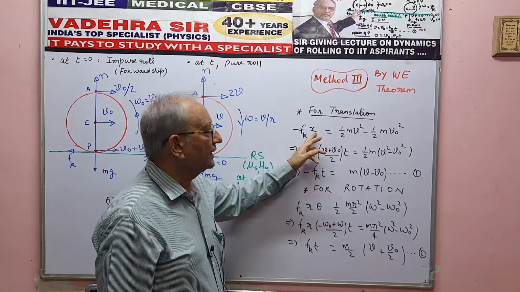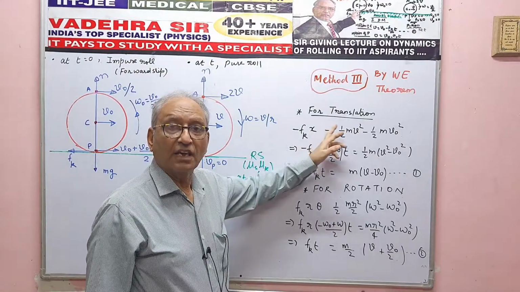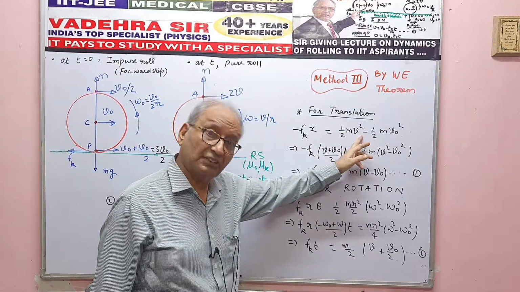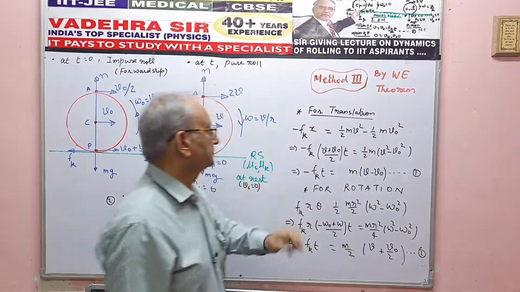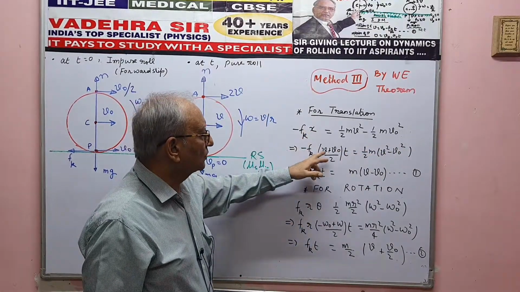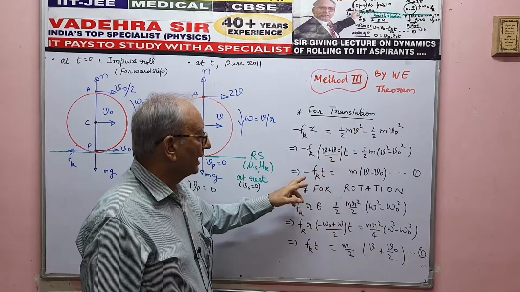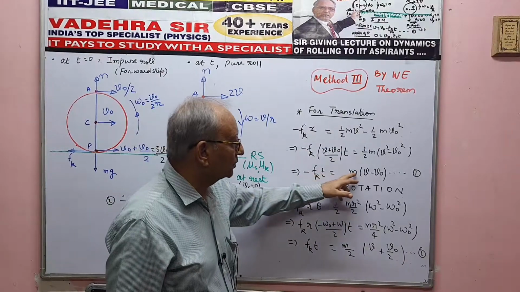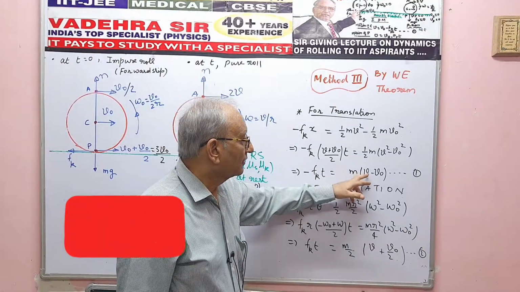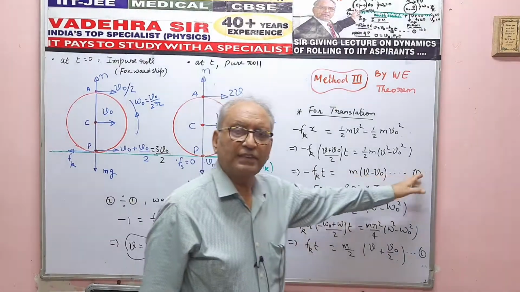So minus Fk into x equals the change of translational kinetic energy, half m v square minus half m v naught square. I put x equal to v plus v naught by 2 into t. I get minus Fk t equal to mass into v minus v naught. I call it equation 1.